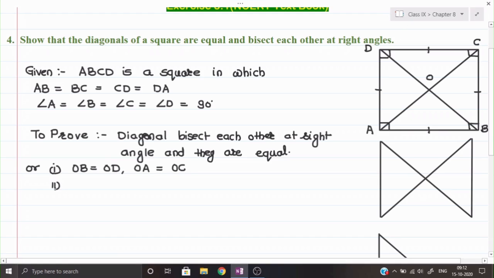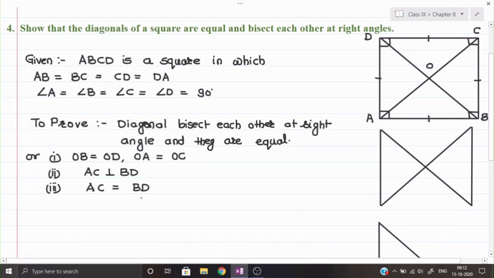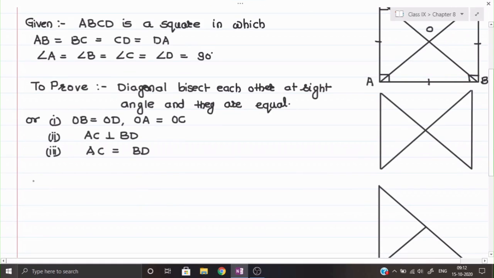Second part, they are bisecting at right angles, means the diagonals AC and BD are perpendicular. So the second part I am writing as AC is perpendicular to BD. And the third part, we need to prove the diagonals are equal as well. So AC is equal to BD. That is our third part which we need to prove. Okay, let us write down the proof now.